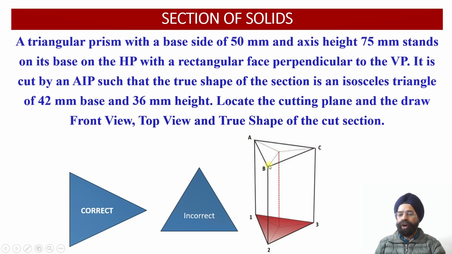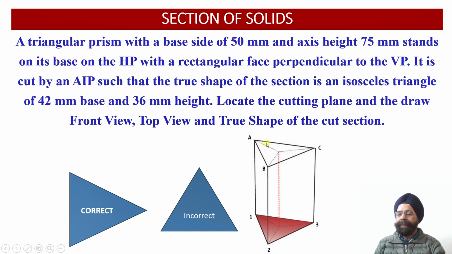That is, once we draw this triangular prism, we will locate the axis, and this axis will constitute the midpoint of the base of this isosceles triangle. So if the base dimension is 42 millimeter, then on either side of the axis we are going to measure a distance of 21 millimeter.